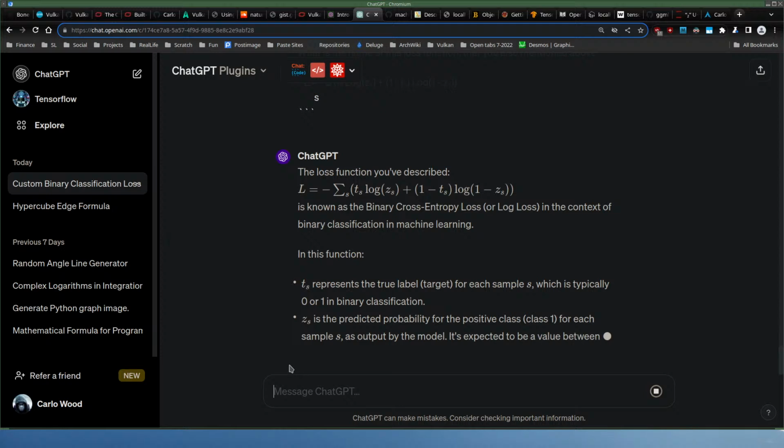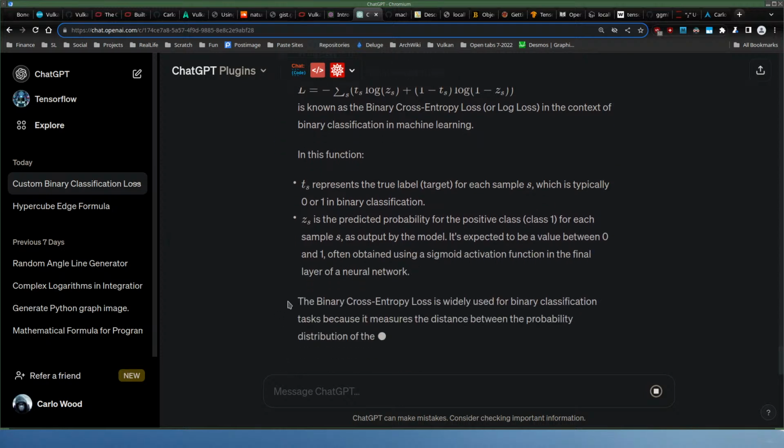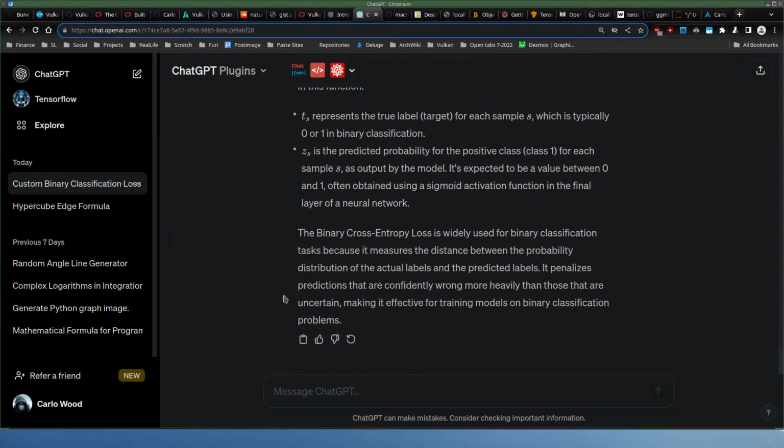No, that is the binary cross entropy loss. Yep. Well, I derived that myself. I'm proud of it.